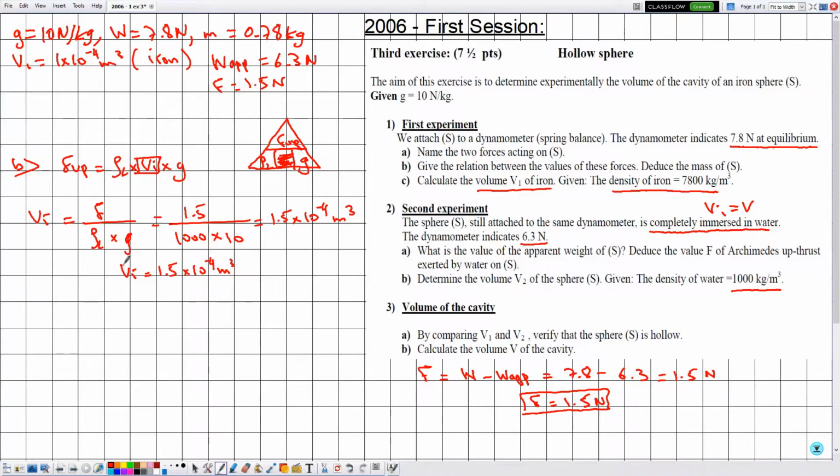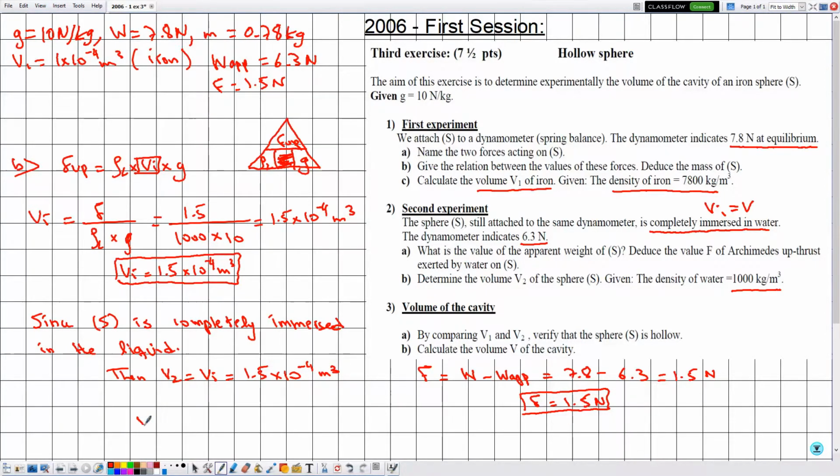Recall that they are asking me about the volume V2 of the sphere and not the immersed volume. So now let's justify that since S is completely immersed in the liquid, then the volume V2 is equal to the immersed volume, which is 1.5 times 10 to the power minus 4 meter cube.